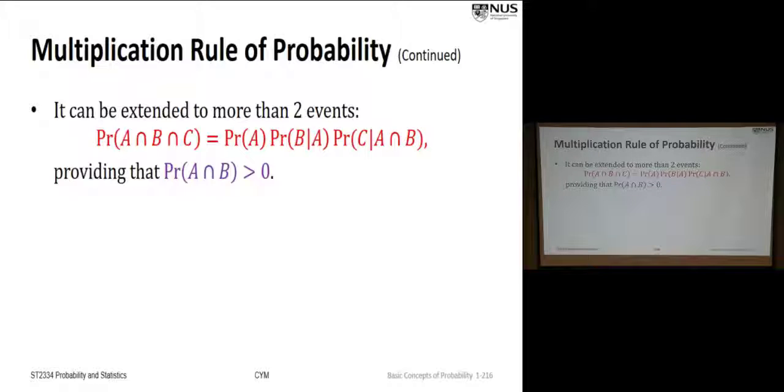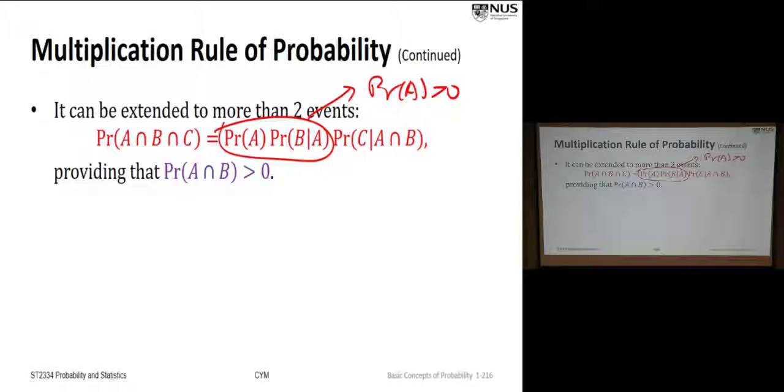But from here to here, I need to have probability of A greater than 0. How do I know the probability of A is greater than 0? Again, if you remember properties of probabilities, A and A intersect B, which is bigger? Which one is a subset of the other?